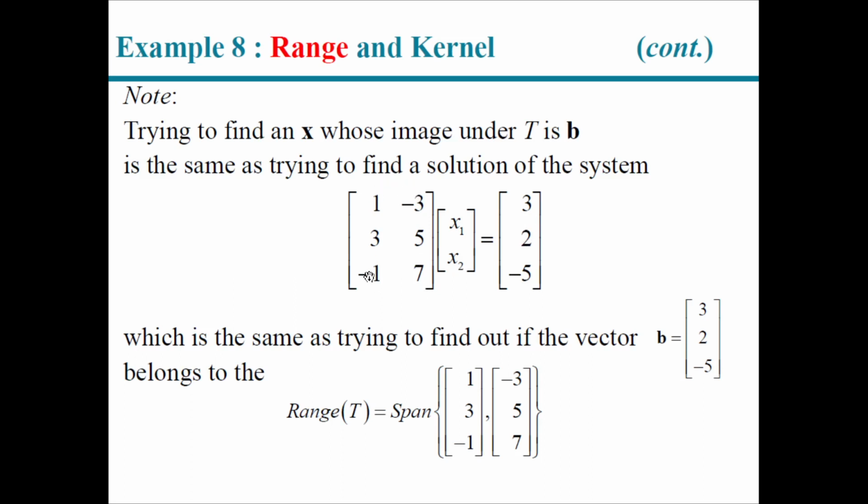So another way of asking the same question is: is B in the span of these two vectors? Or is B in the range of the linear transformation? Or is B in the column space of the representation matrix A? So we have thousands of ways to ask the same question.